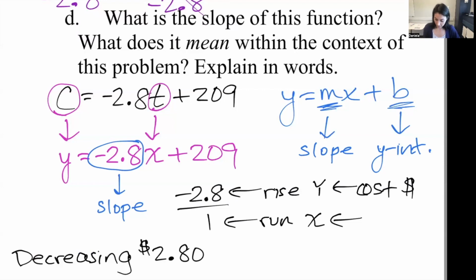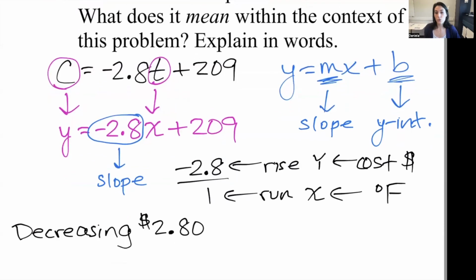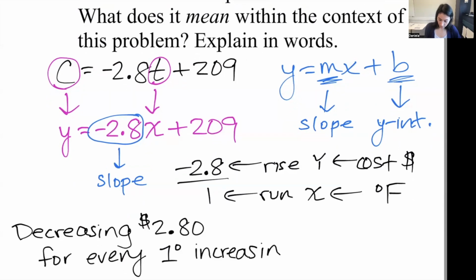So what is the x talking about again? This is talking about temperature, so degrees Fahrenheit. So it's decreasing $2.80 for every, maybe we can say, 1 degree that it's increasing. That's one way to say it.